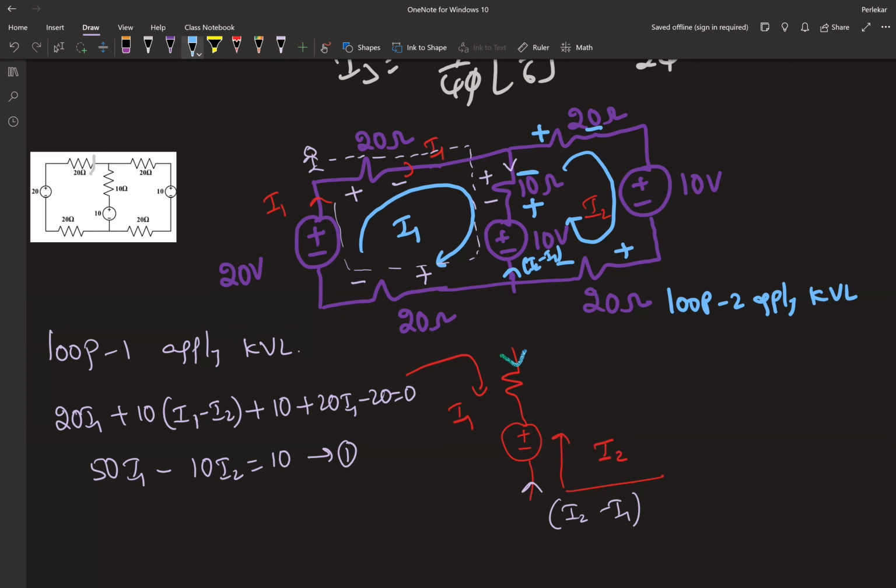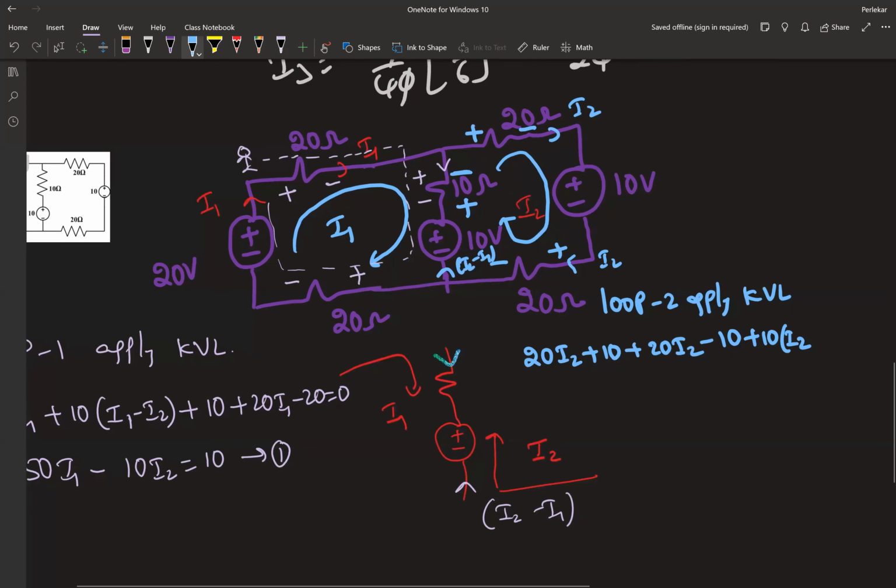So in loop 2, the current here I'm taking as I2. So 20 I2 plus 10, plus 20 I2, minus 10, plus 10 (I2 minus I1) equal to 0. So that's my loop equation.